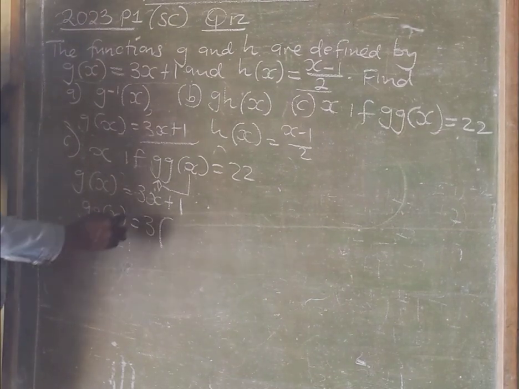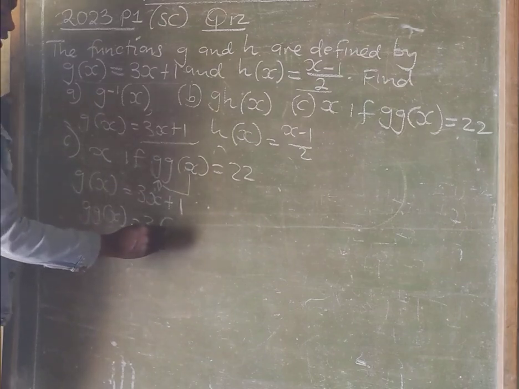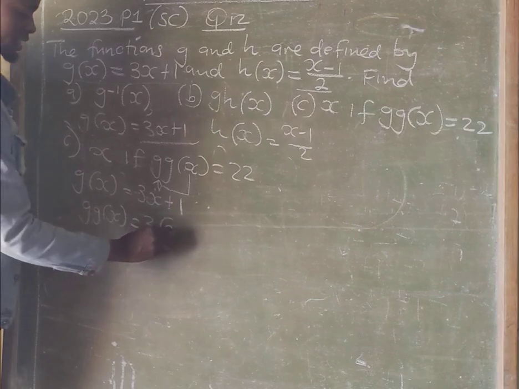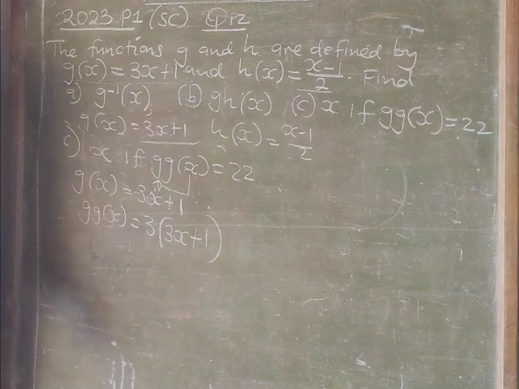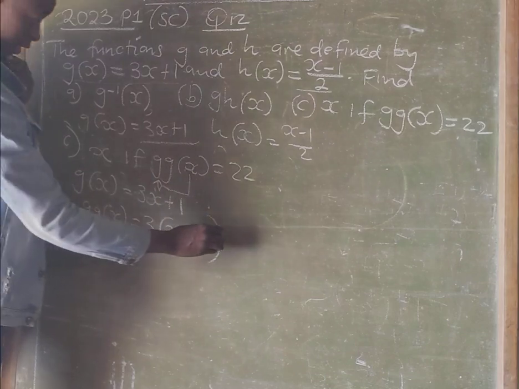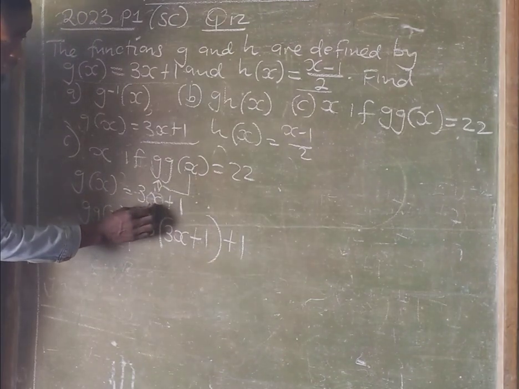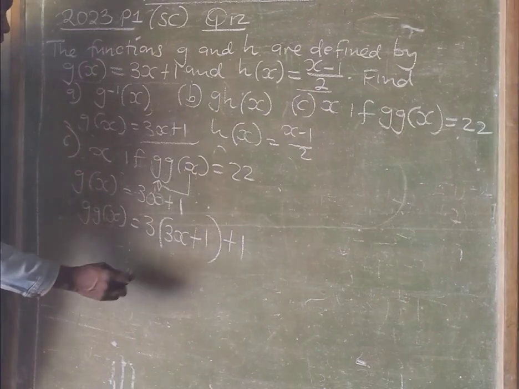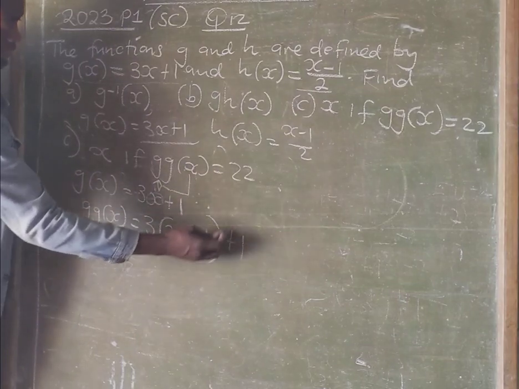So where there is x, we'll actually replace the function of g itself. Okay, so we have 3x plus 1. Okay, so we have replaced this function of g where there's x, then plus what? 1. So where there's x, we replaced the whole function of g, which is 3x plus 1, then plus 1.